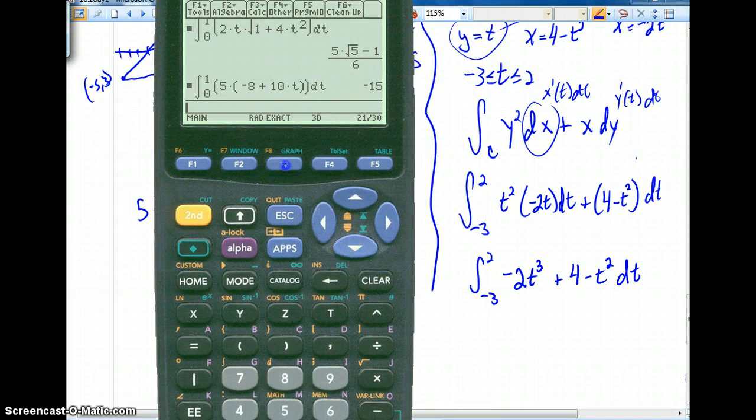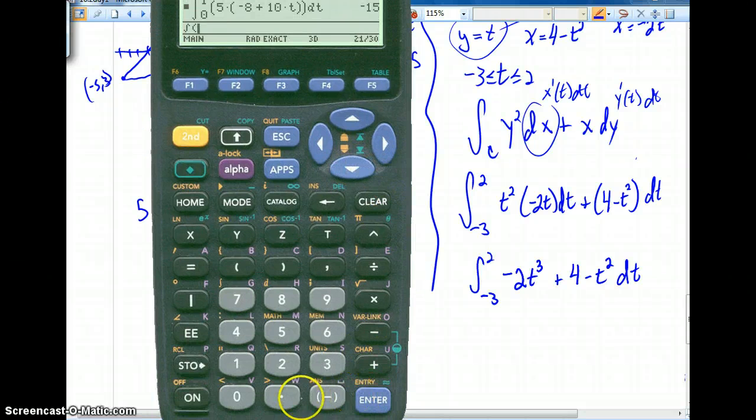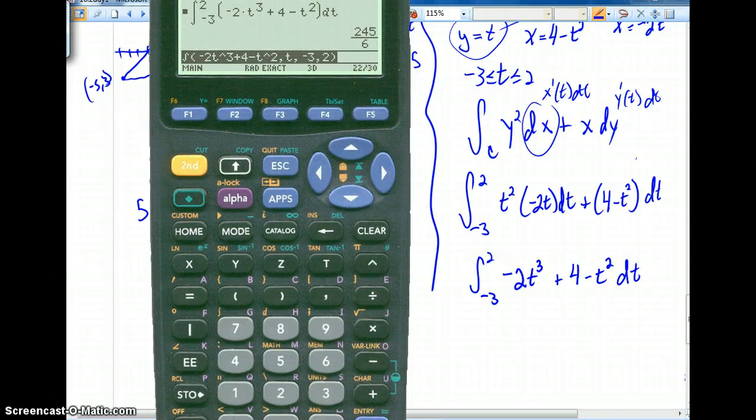Let's see, we could clear that out, press F3, integrate that, and it looks like we're going to be integrating -2t to the third plus 4 minus t squared, comma t, and we're going to go from -3 comma 2. And very quickly we can see we actually get a positive value. It looks like 245 over 6.